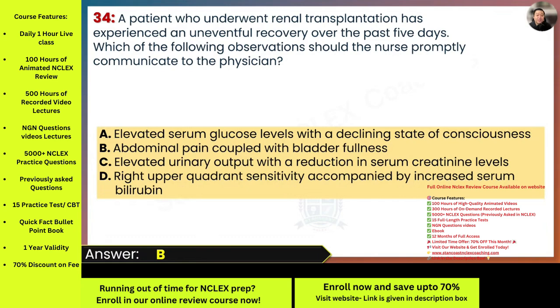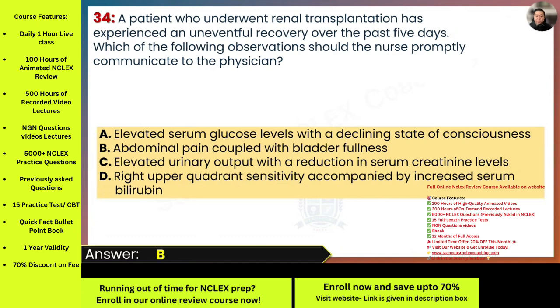And this finding does not point to a renal transplant issue and does not require any urgent communication regarding the kidney transplant. The primary concern here would be more aligned with the liver function, especially if it was a multi-organ transplant. So you've got to discard this option as well.